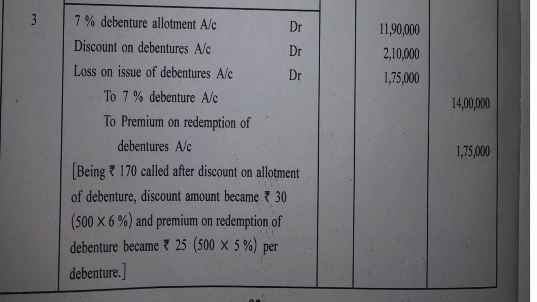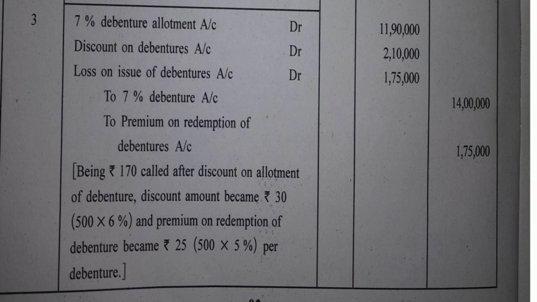7% debenture allotment account debit. This is 7,000 debentures, 170 rupees of allotment gives you 11,90,000. Discount 7,000 into 30 rupees.